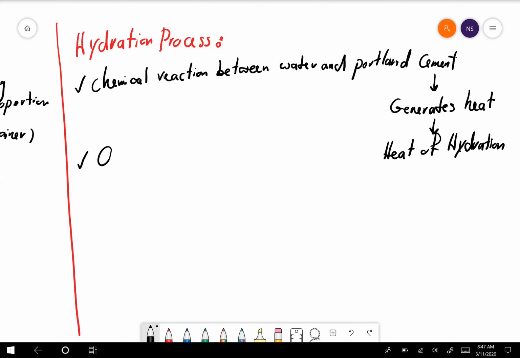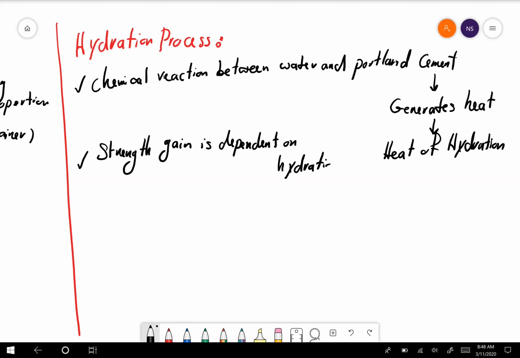So the rate of the strength gain is dependent on hydration. Not drying.